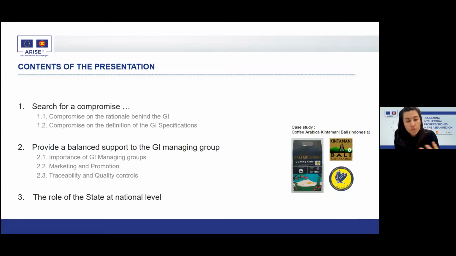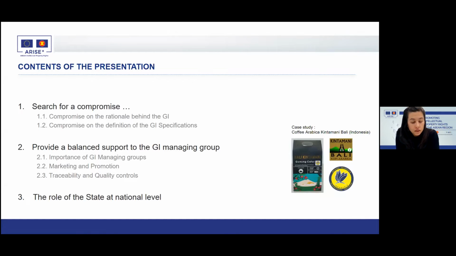This compromise is both on the rationale behind the GI, which we discussed yesterday already and will see in more detail today, and also on the definition of the GI specification. We will see examples of how compromises were found on these aspects.